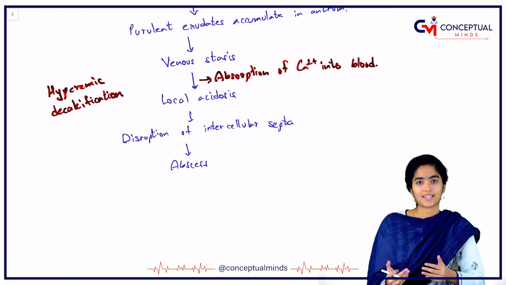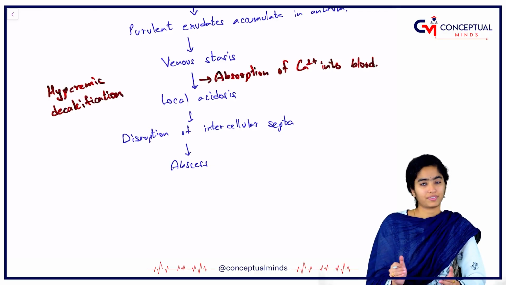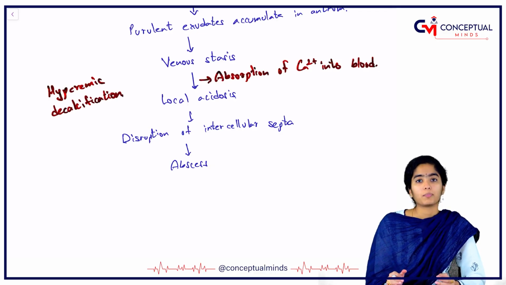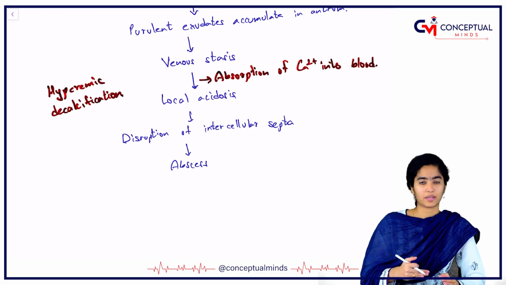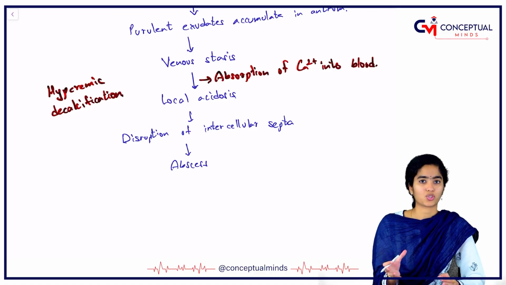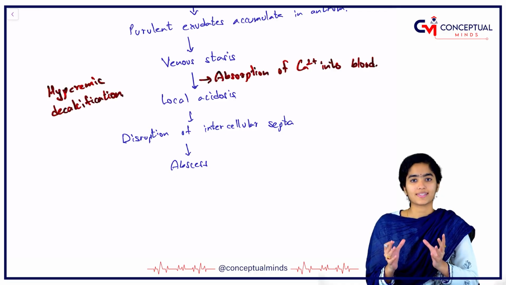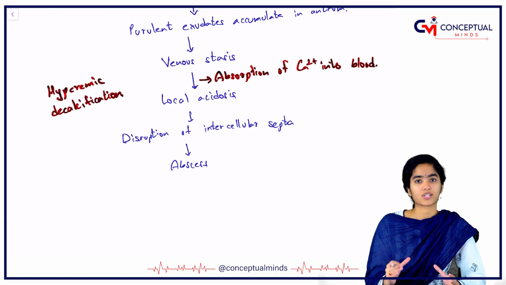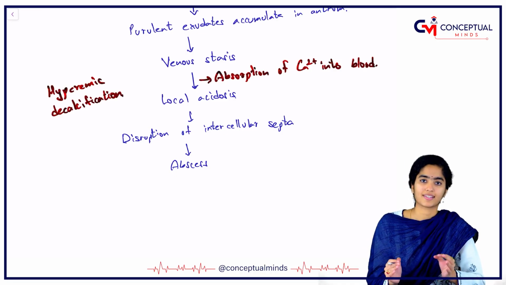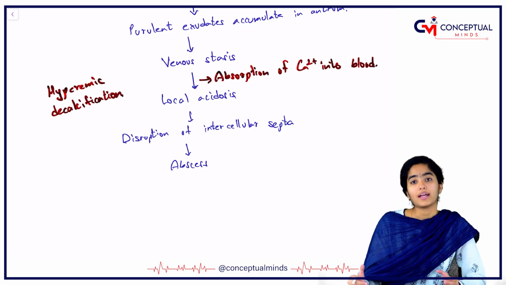The pressure builds up, leading to venous stasis and local acidosis, and decalcification also occurs parallelly. Because of all this, the thin bony septa in the mastoid are broken down, making this entire mastoid into one single large irregular cavity that is filled with pus. This is classical mastoiditis.